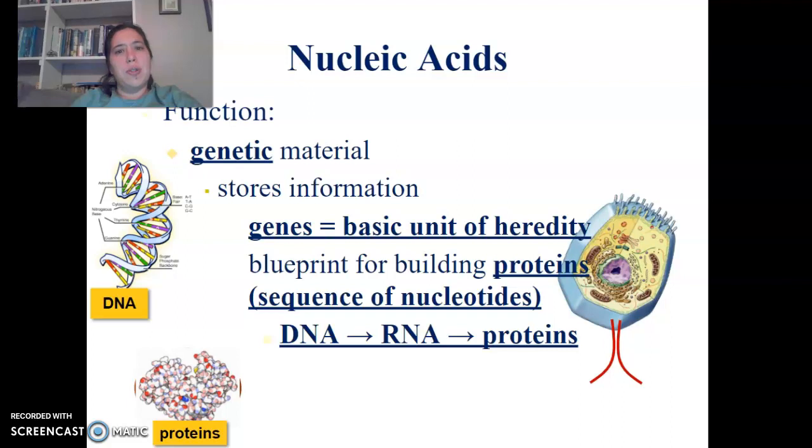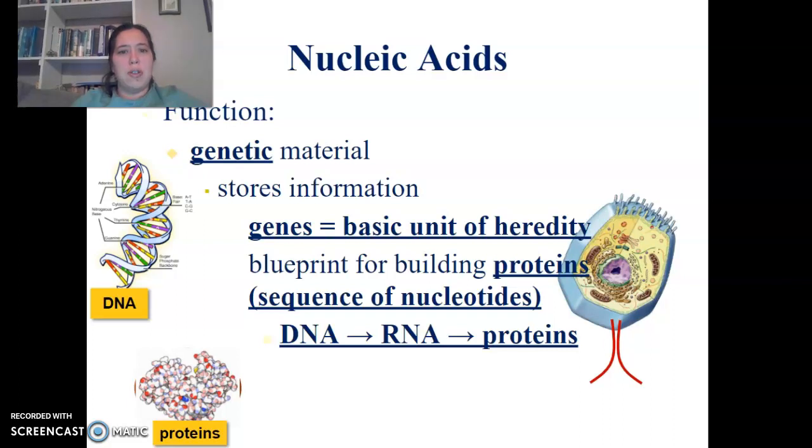And cells use these as a blueprint for building proteins. So proteins are the way that cells are able to translate this blueprint into actionable activities, or things that need to be built within the cell, jobs that need to be done.